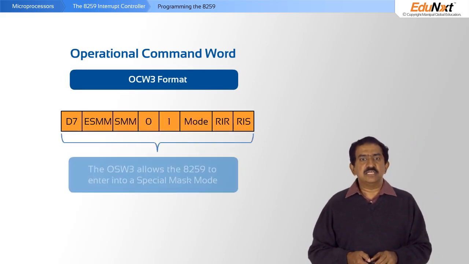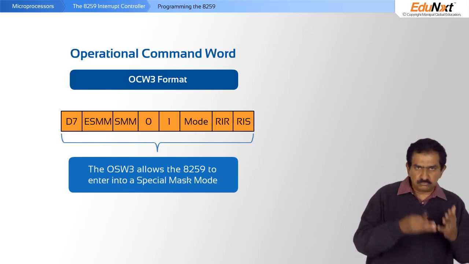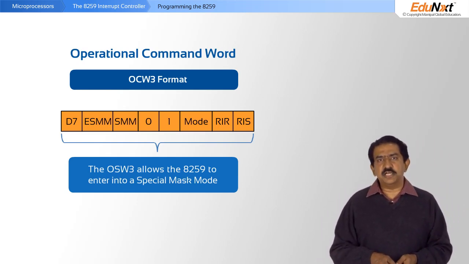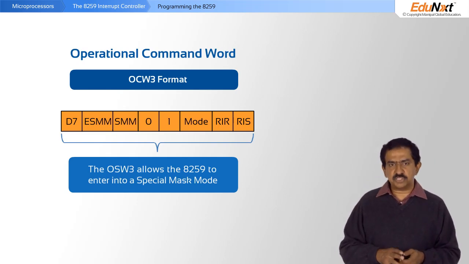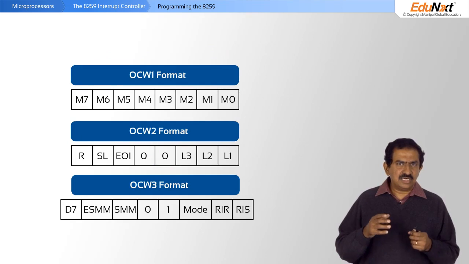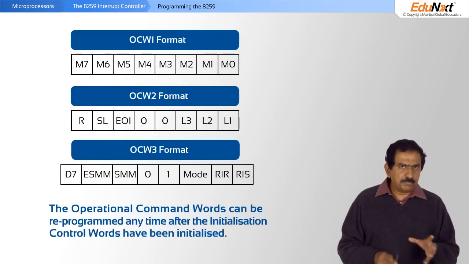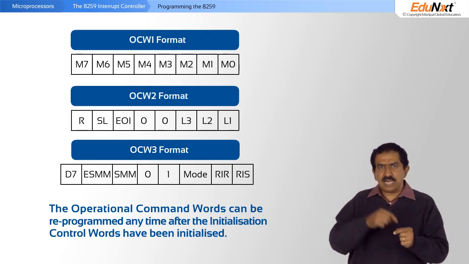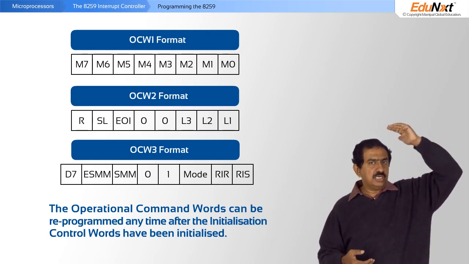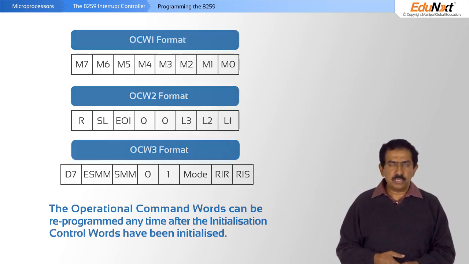OCW3 allows you to enter what's called the special mask mode. I'm fairly textbookish on that. If you look at any textbook on the 8259, you'll begin to understand what a special mask mode is. So these are what are called operational command words. The operational command words can be reprogrammed anytime in your program, whereas the initialization, the ICW, has to happen upfront at the beginning of your program.